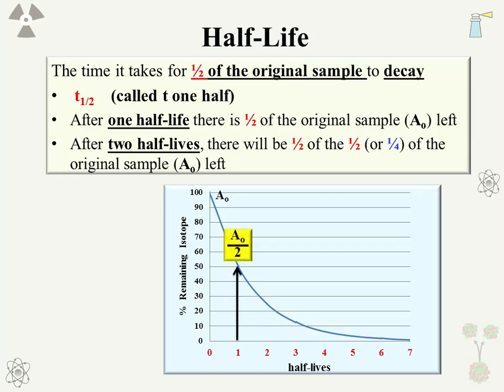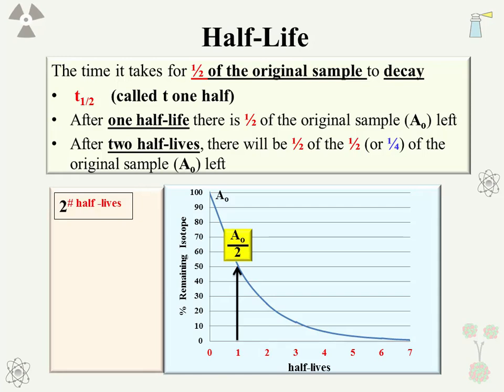To get the remaining amount of isotope at 1 half-life, take the original amount, A sub 0, and divide by 2. We can keep track of what to divide A sub 0 by after some passing time using a list of the exponent of 2 raised to the power of the number of half-lives.